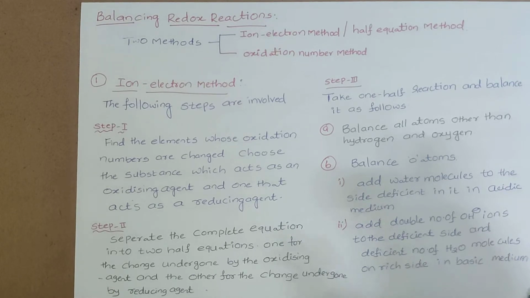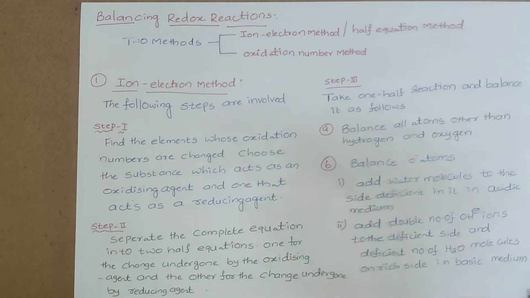Which side? The left side. So we take double the number of OH minus. 3 are deficient, so you add 6 OH minus ions on the deficient side, and at the same time the deficient number of water molecules, 3 H2O molecules, are added to the right hand side. You can easily understand this by taking one example.